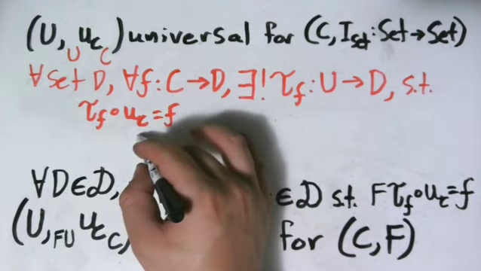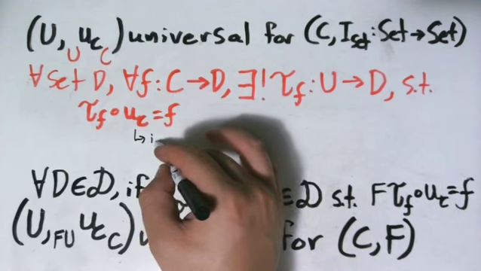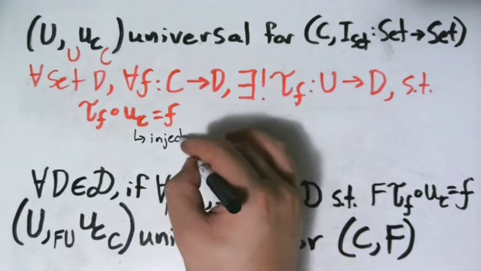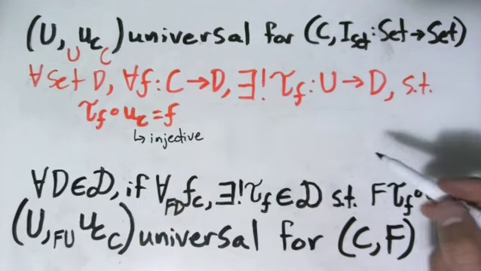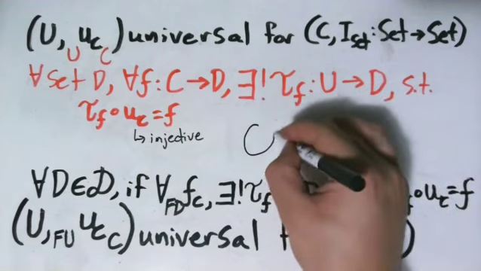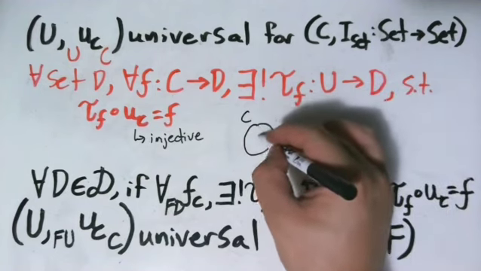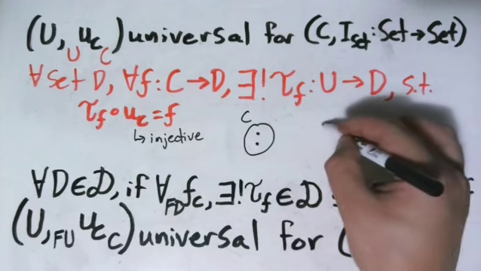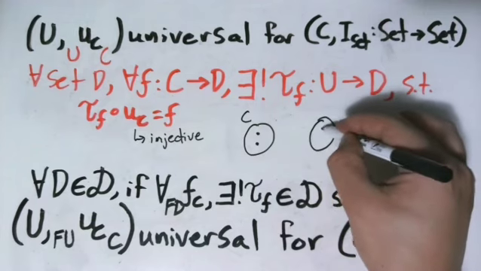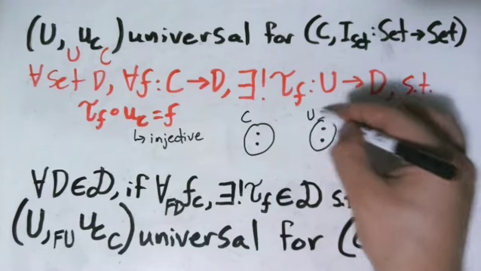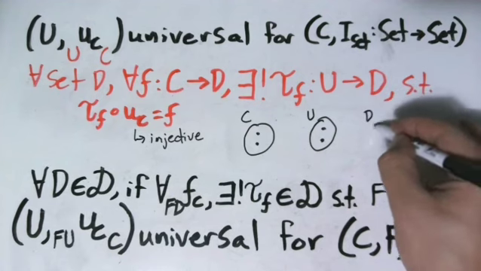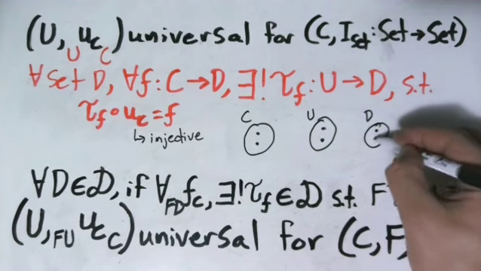But that means that U_C has to be injective. Because otherwise, suppose we had C with two elements, U with two elements, and D with two elements.